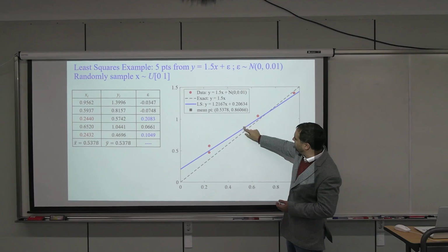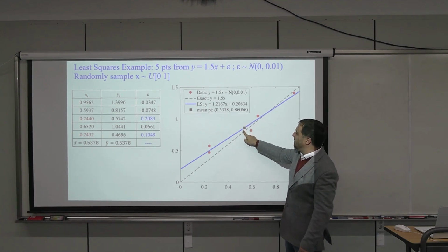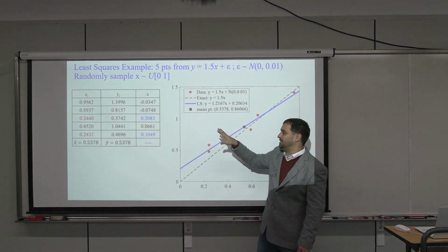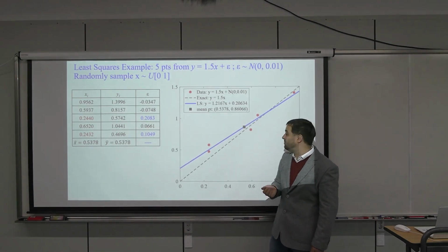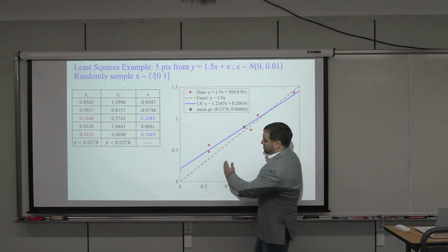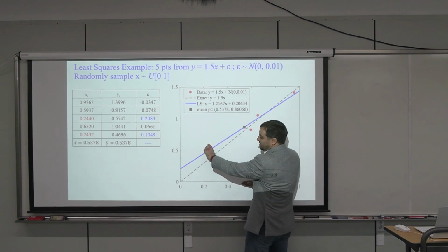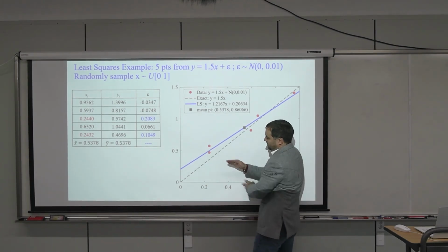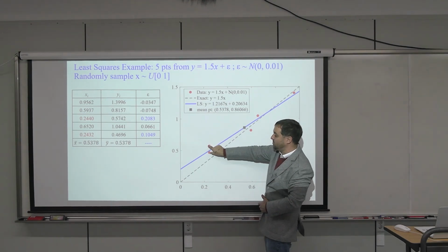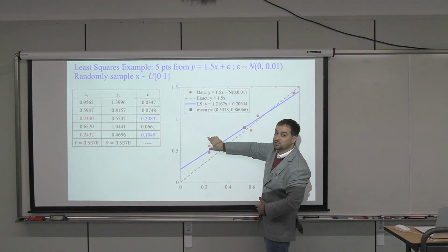It lies above the exact function, okay? Basically, we have 3 positive noise components, and the largest magnitude occurs near the left boundary, and it's both positive noise. So the line of best fit basically has to pass through these two data points, but these two data points are an overestimation of the true function.